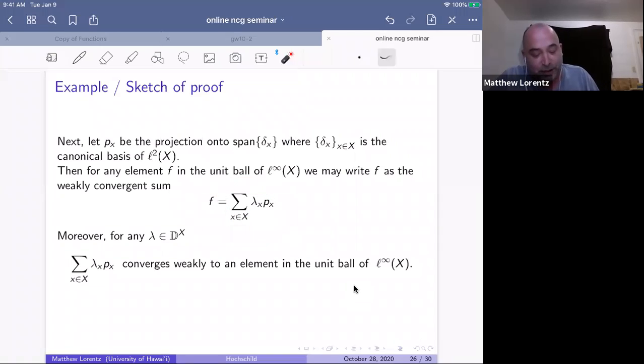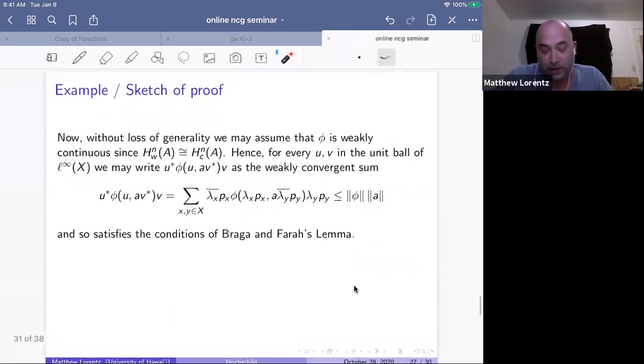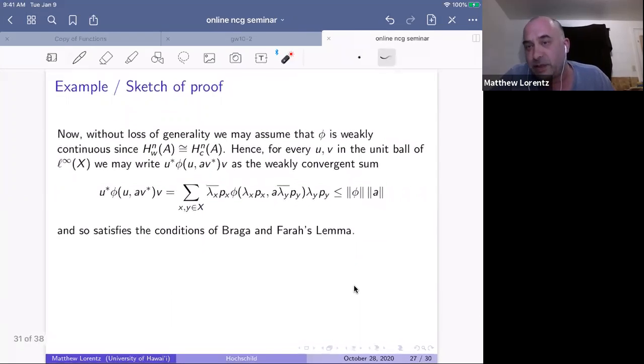And for any lambda in the product set D^X, if we do that, it's going to converge weakly to an element in the unit ball of L infinity of X. And so specifically, we could write any unitary in L infinity of X as such a sum.